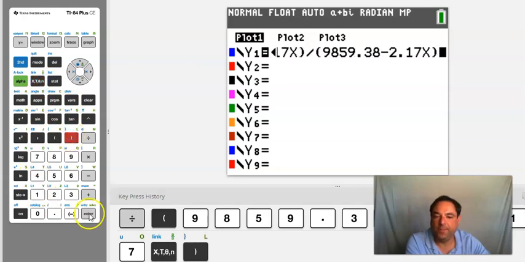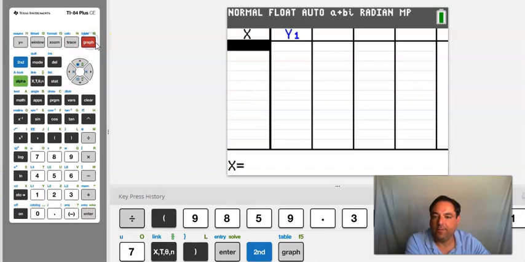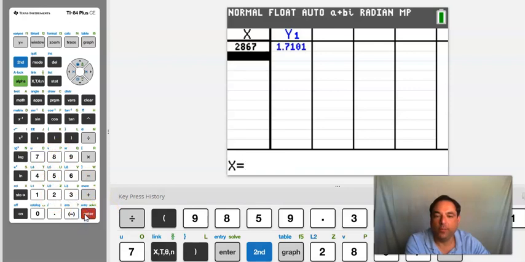Okay, so we put that in, and we plug in a tuition of 2867. I go to second graph, plug in 2867, and that gives you 1.71.